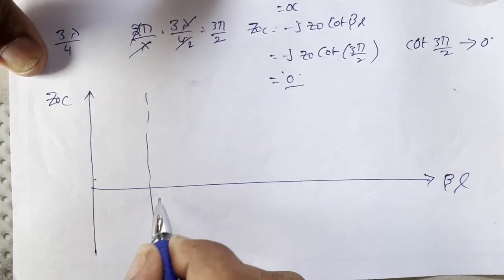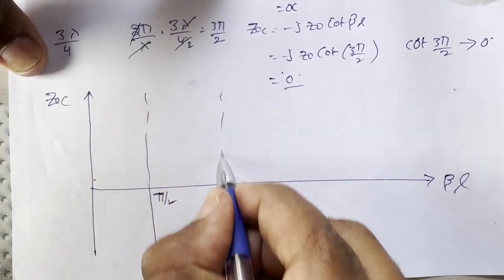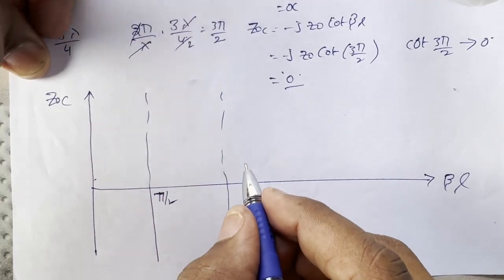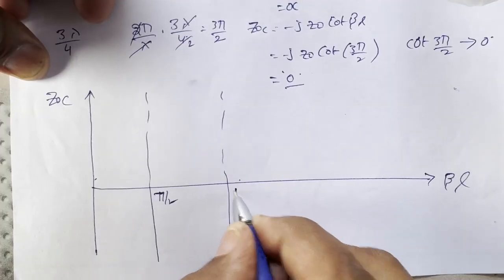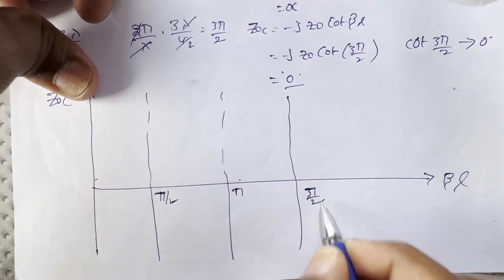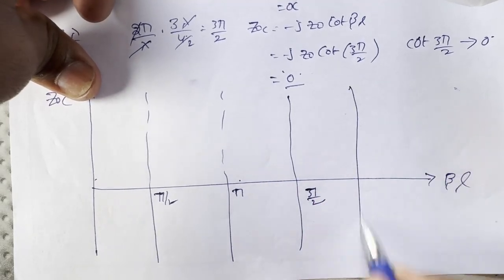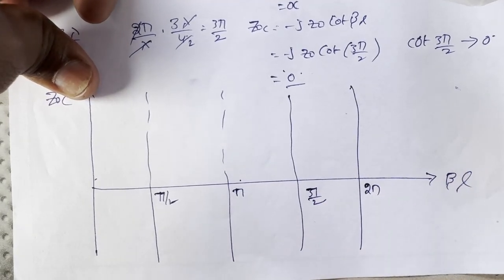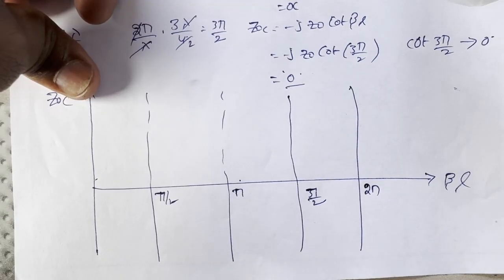Here it is pi by 2, the next value is pi, the next is 3 pi by 2, the next is 2 pi, and like that the values repeat.